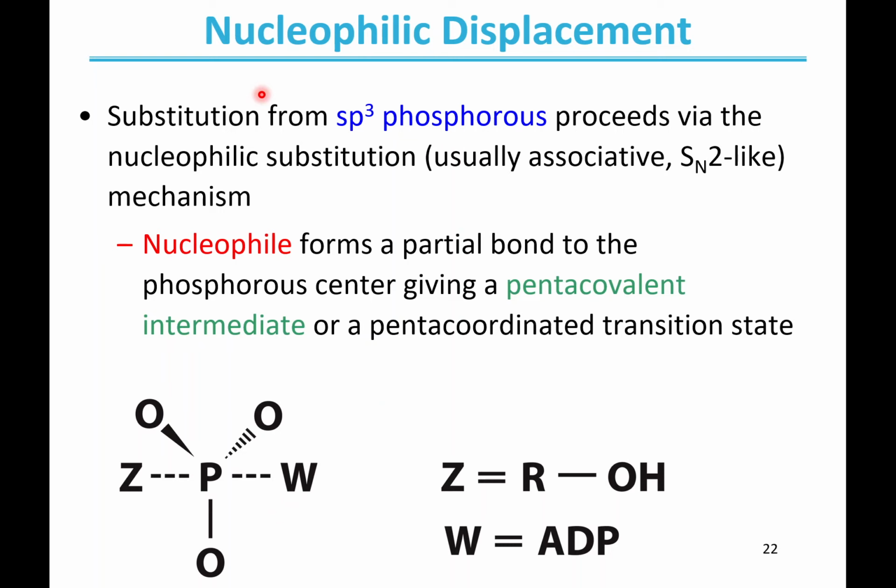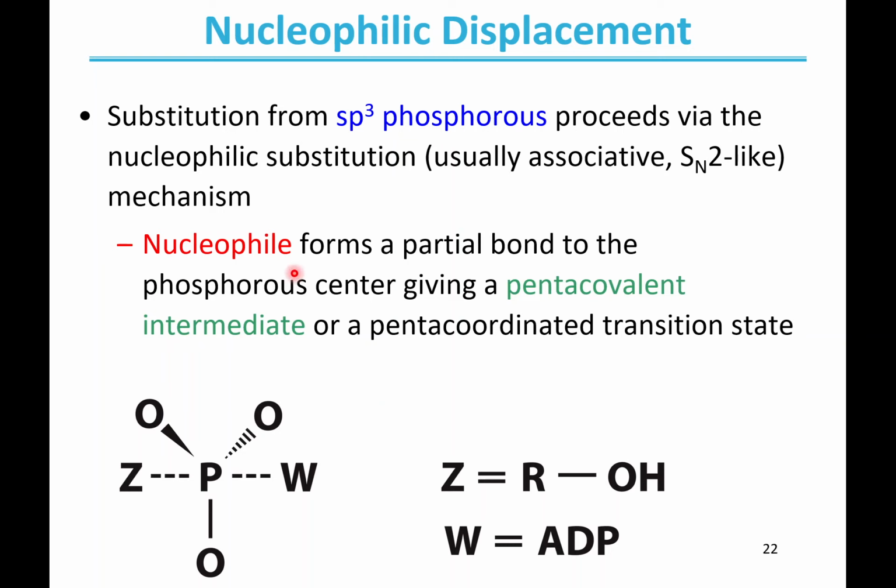And so this group transfer, phosphate in particular, occurs via a nucleophilic displacement. The phosphorus is sp3 hybridized, and it proceeds like a nucleophilic substitution, referred to as an SN2-like mechanism from organic chemistry.